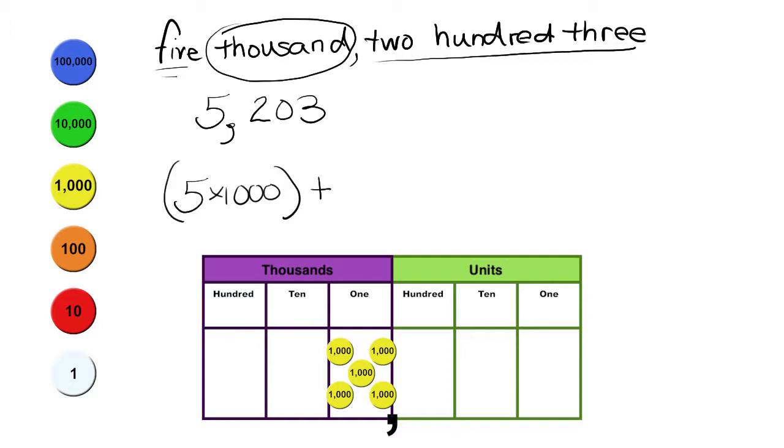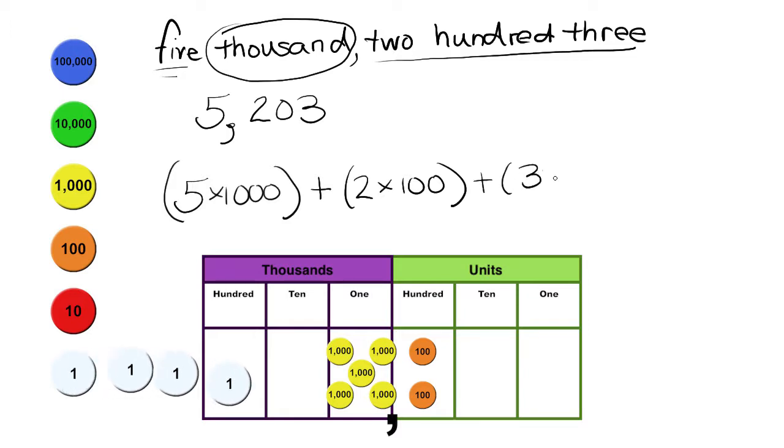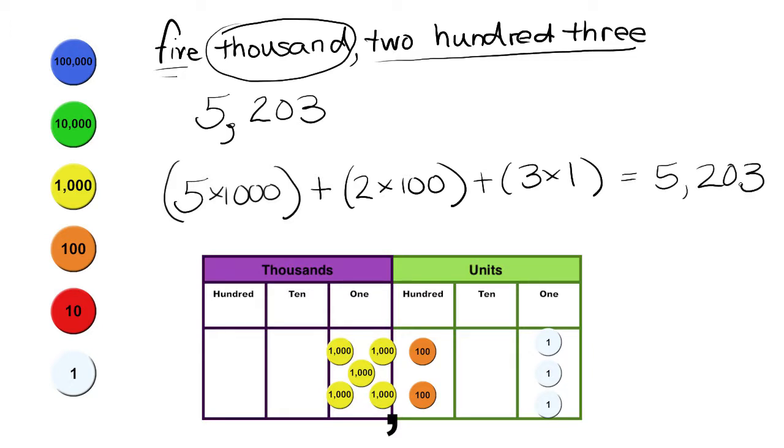We see that there is 200, or 2 sets of 100. Placing these discs into the proper place value on our chart. There are no 10s in this number, but there are 3 ones, or 3 sets of 1, to add on to the equation. We can see that 5,203 equals 5 times 1,000 plus 2 times 100 plus 3 times 1, and that shows the expanded form of the number.